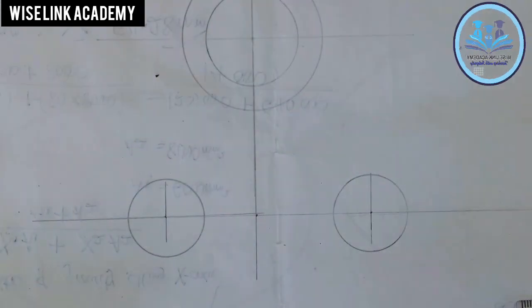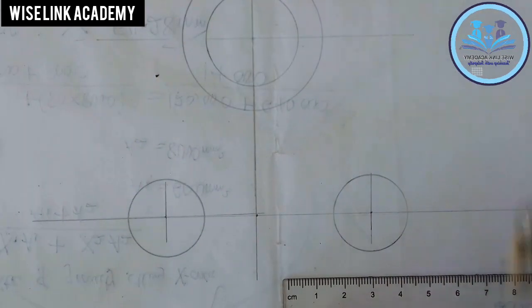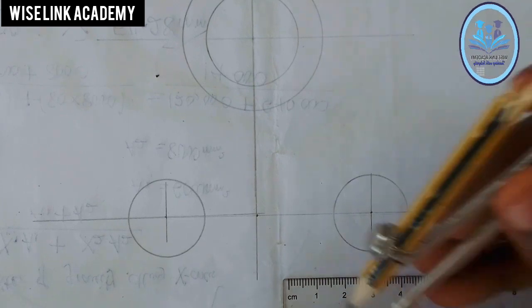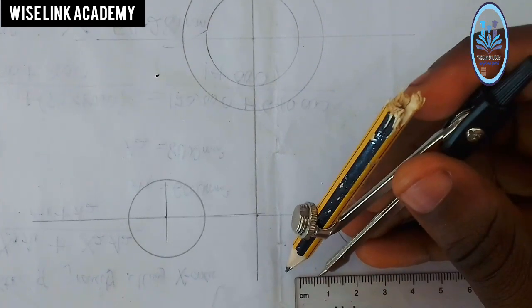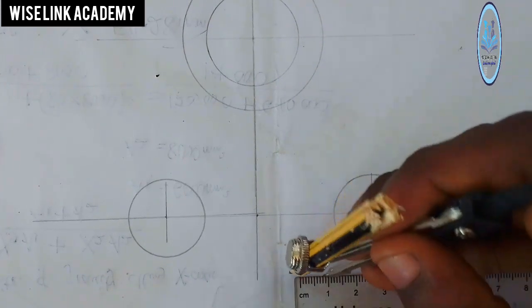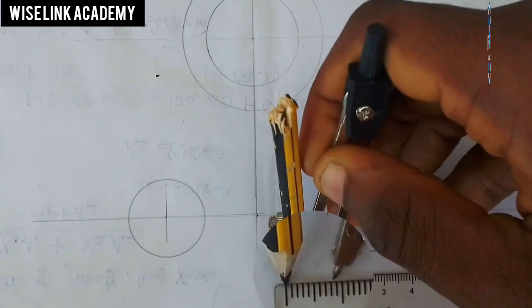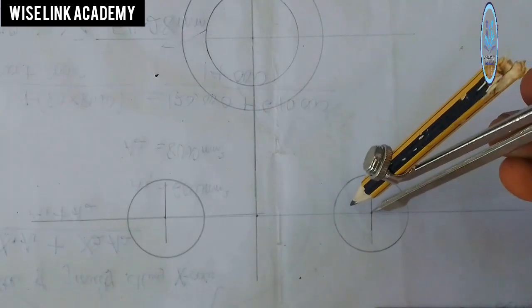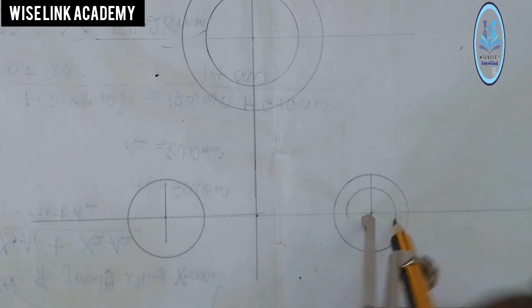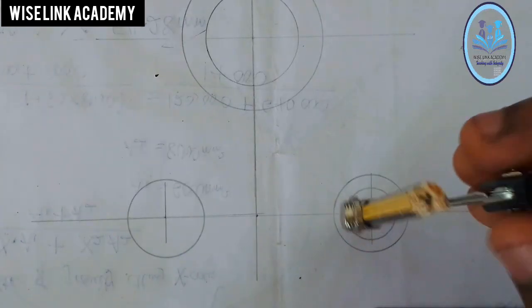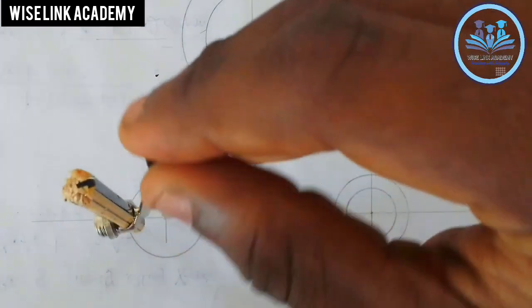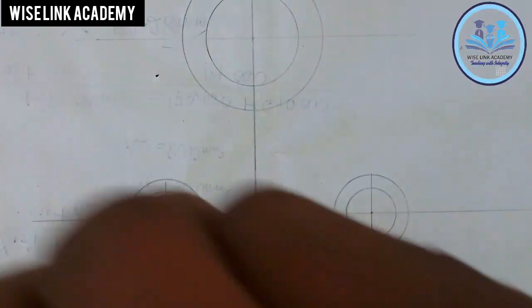This way. The inner part is 7.5 because 15 divided by 2 gives us 7.5. So 7.5 will come here. I'm placing 7.5 at the center point here. You draw your circle this way. At the center point here, draw your circle this way.